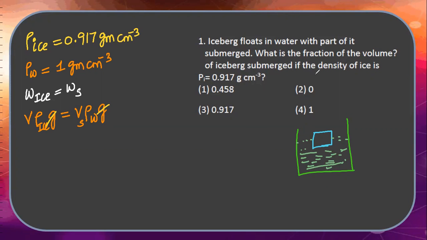If the density of the ice is given, then what is the fraction of the volume of the iceberg that is submerged?